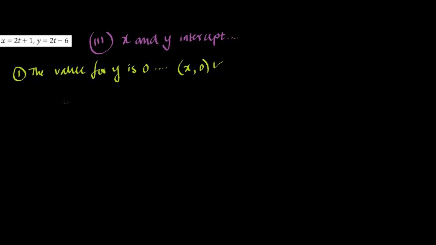Let's get on with the problem then. So x is equal to 2t plus 1, y is equal to 2t minus 6. We are going to essentially have to turn this into a Cartesian equation. So first, the process of turning this into a Cartesian equation.